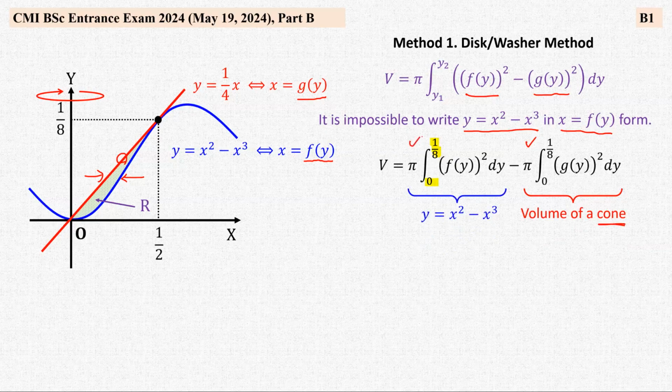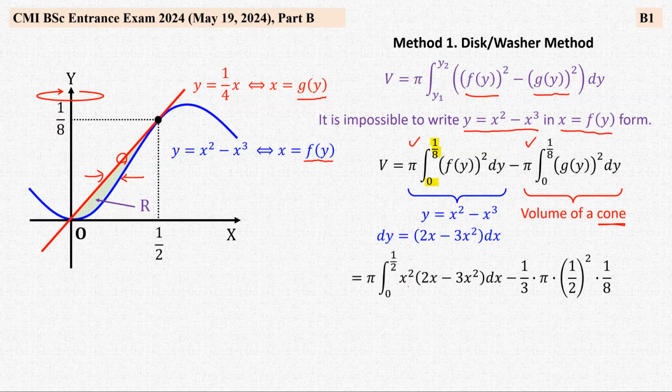As for the first integral, we can change the variable into x using the given cubic function relation. Since y equals x squared minus x cubed, dy equals 2x minus 3x squared times dx. Therefore, the first integral becomes f of y squared, so x squared, then dy, which is 2x minus 3x squared dx.